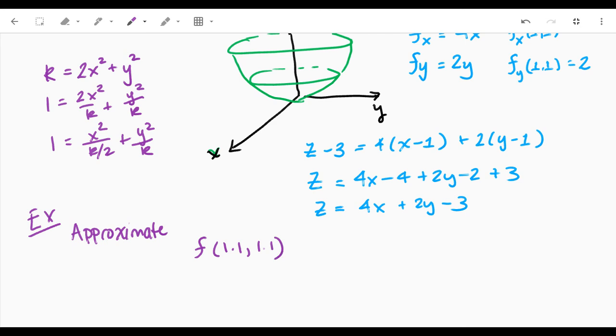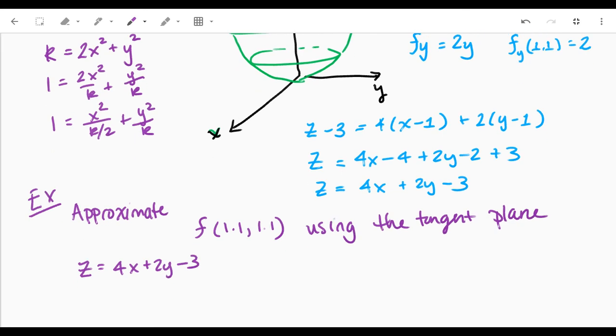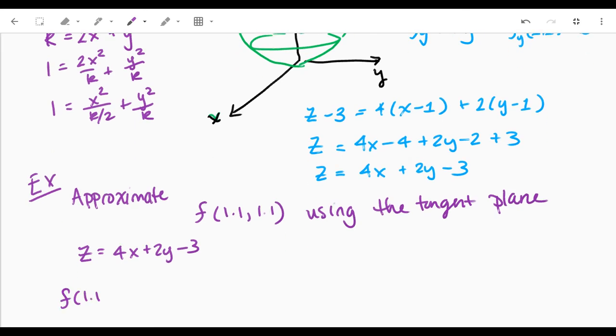Okay, so I chose a point that's close to 1, 1 using the tangent plane. Okay, so z equals 4x plus 2y minus 3, right? That's the tangent plane at 1, 1. So f of 1.1, 1.1 will be approximately 4 times 1.1 plus 2 times 1.1 minus 3.